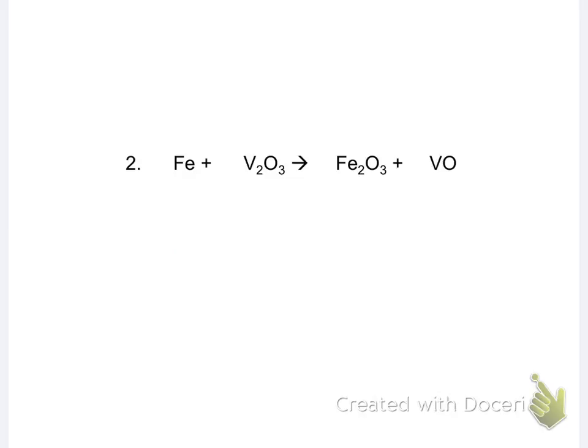Alright, here I have, again, element iron is a 0 here. Here it's a +3. So iron, 0, goes to iron. This is a 2 iron, so I need to put a 2 there, and it's a +3, which is a total of +6 electrons from 0, so I need 6 electrons here.